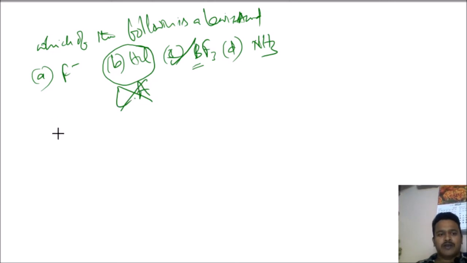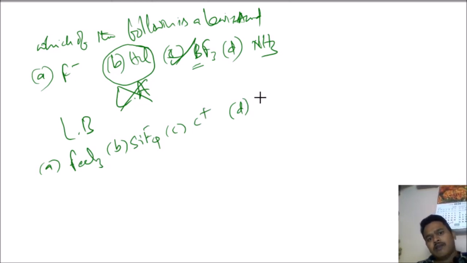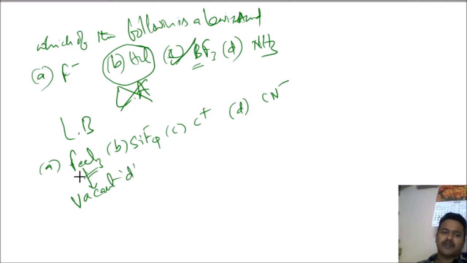And also, which of the following is a Lewis base? A, B, C, D. If they ask for a Lewis base, it means what can give electrons: FeCl3, SiF4, C plus, and CN minus. FeCl3 is a Lewis acid because, due to vacant d orbitals, it can expand its configuration, so it can accept.